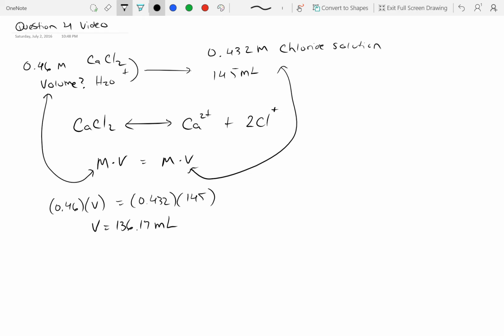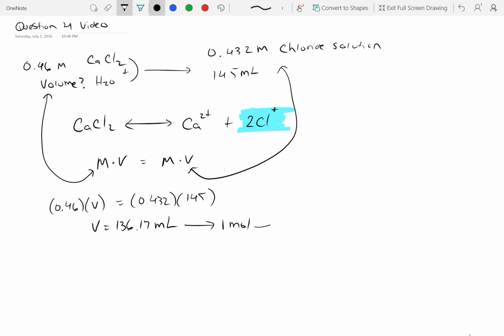Now this is where the really confusing part comes in, and this part I'm not 100% sure on. Because they made a pretty big deal about this being a chloride ion solution, it's saying with respect to this chloride ion. The opposite thing they could have asked was for the calcium ion solution, in which case 136.17 would be the right answer because we're calculating basically for 1 mole.